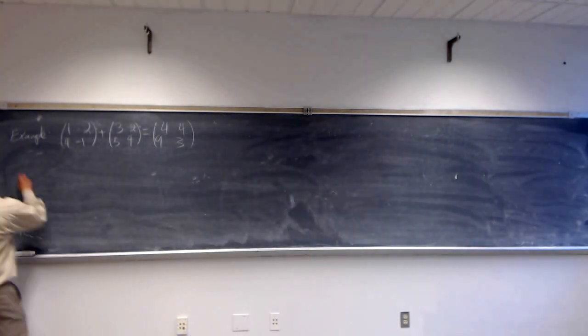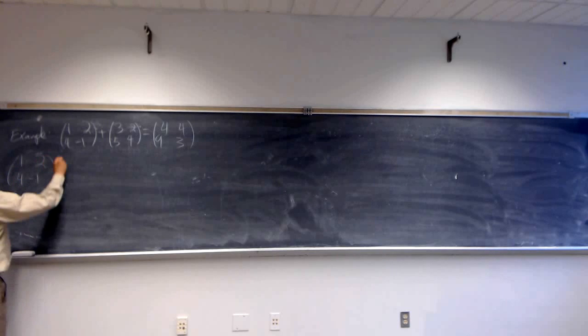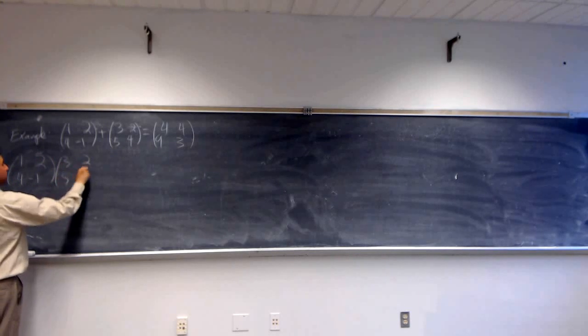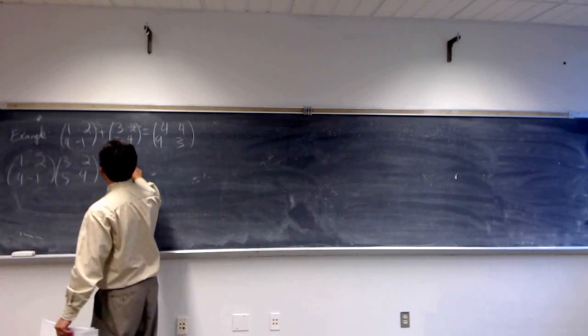Multiplication's a little bit trickier. So how do we multiply the matrices? You may have encountered the dot product. If you think of this as a vector 1, 2, and this as a vector 3, 5, and you took the dot product, it would be 1 times 3 plus 2 times 5. And that's the entry here.